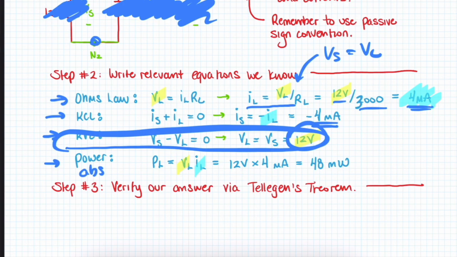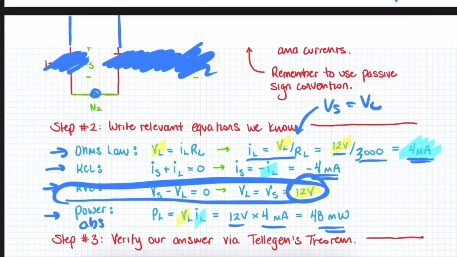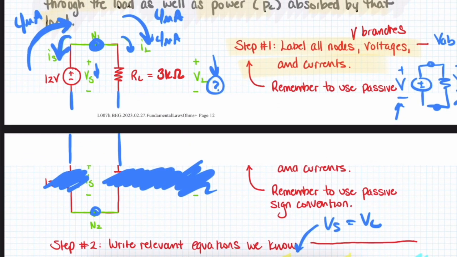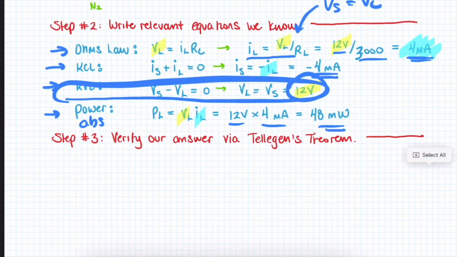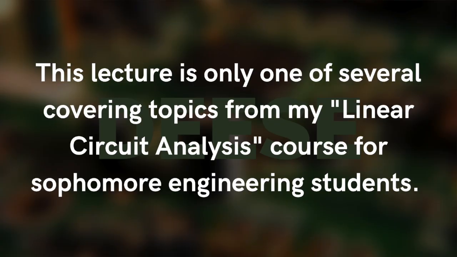So PL equals VL times IL, 12 volts times 4 milliamps, which gives us 48 milliwatts. That's going to be absorbed by that resistor. Now, in practical terms, where does that energy go? A resistor would heat up, and that would be translated to heat. I'm not going to go through this last step here, which asks you to verify our answer using Tellegen's theorem. I'll leave that up to all of you to try.